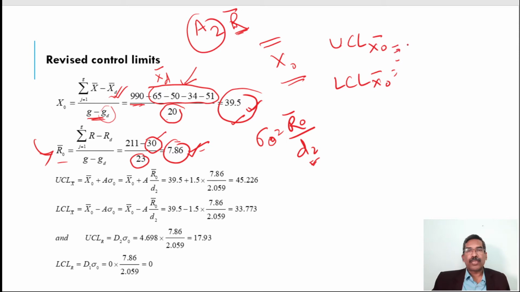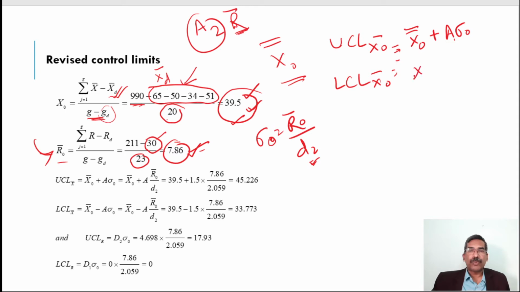Then here we can write X double bar new, which is calculated after revision, plus A sigma 0, not A2. Here we should use A. In place of A2 we use A, and in place of R bar we use sigma 0.